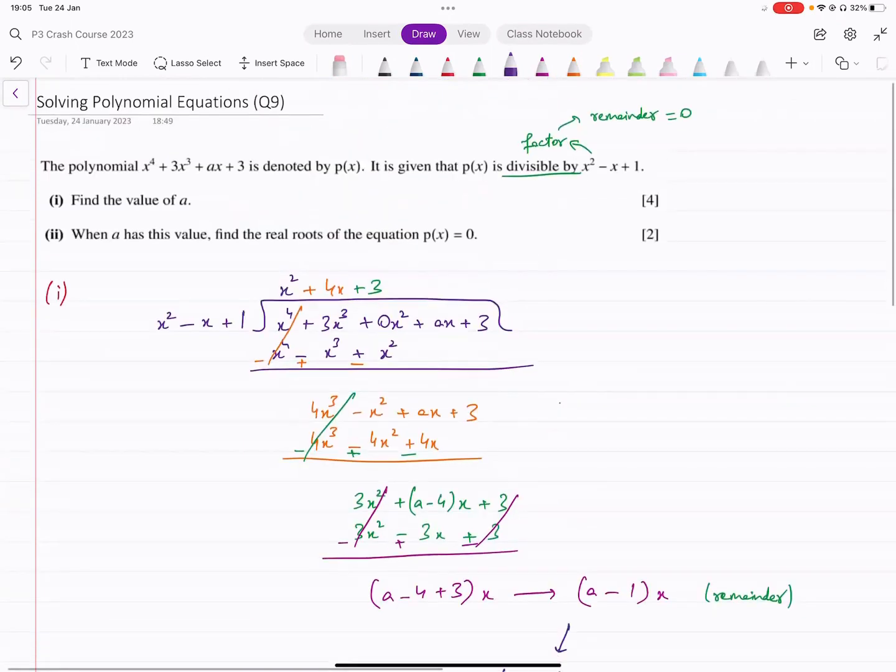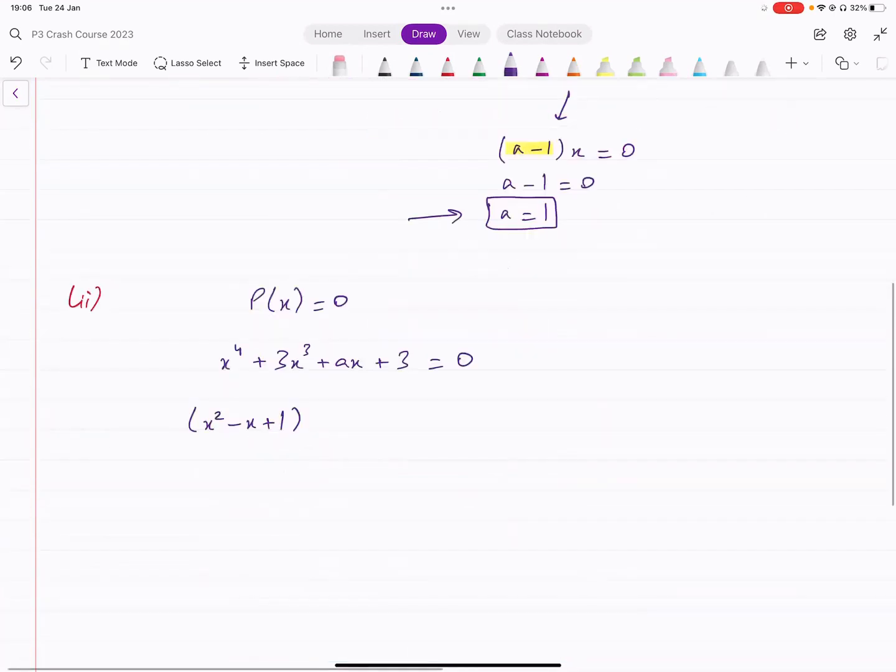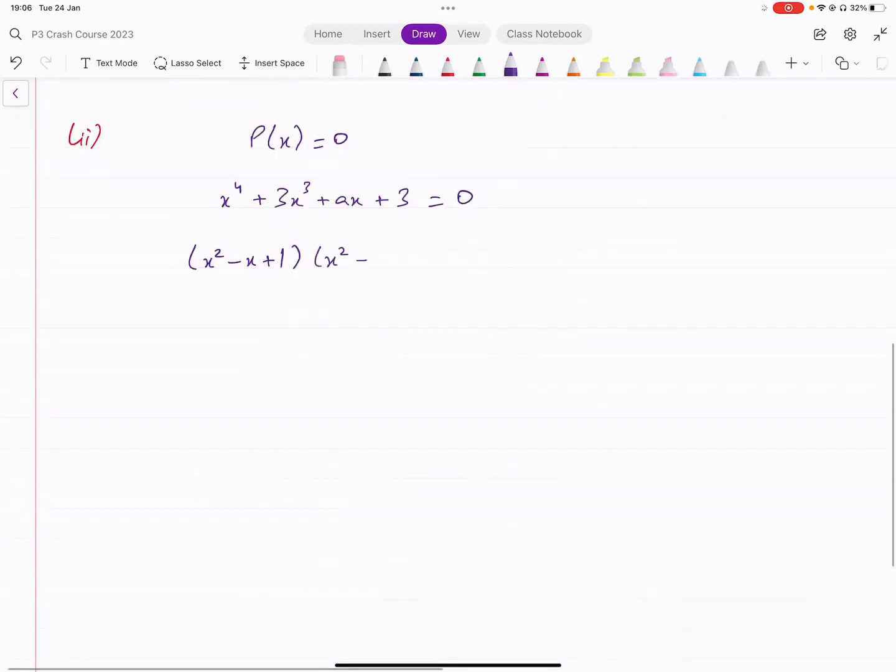And remember, when we divide a polynomial by its factor, in this case, it was x squared minus x plus 1, the quotient that we get here is also a factor, right? So the other factor that we got for this polynomial is going to be x squared plus 4x plus 3. That is the other factor, x squared plus 4x plus 3.